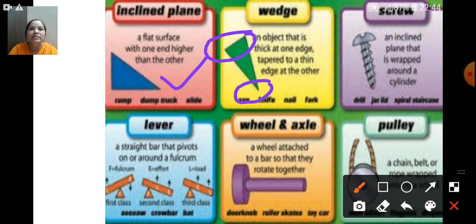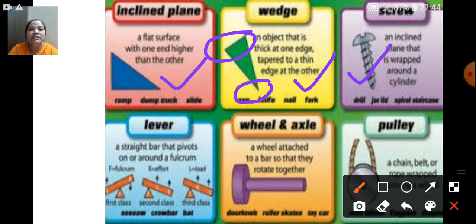This is known as wedge. So this is a wedge. Screw, an inclined plane that is wrapped around a cylinder. See here, this is a screw and the threads in the screw are what? They are nothing but inclined planes. So what is a screw? An inclined plane that is wrapped around a cylinder.